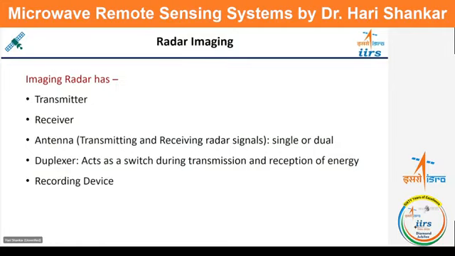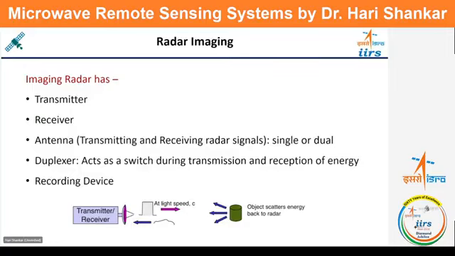So the action of the antenna from transmission to reception can be switched by a device, and that device is called the duplexer. And more importantly the recording device, because whatever energy is stored should be recorded properly, in the form of images. So a recorder or recording device is also a part of the microwave systems.